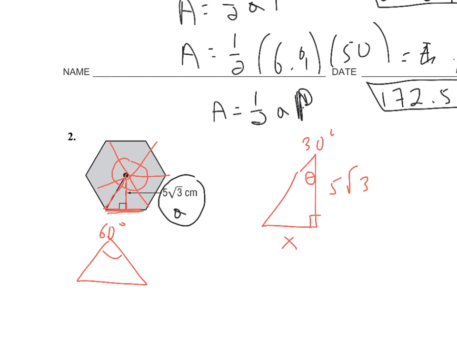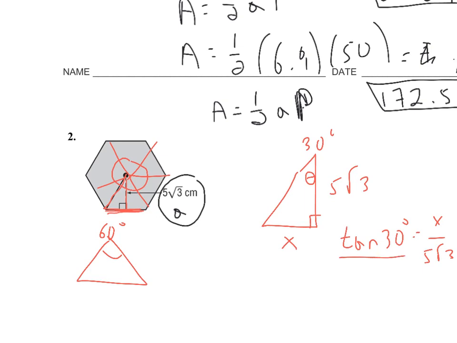I'm gonna do tangent of 30 is equal to x over 5 radical 3, because a tangent is opposite over adjacent. Okay, tangent of 30, you should technically know this without using a calculator.